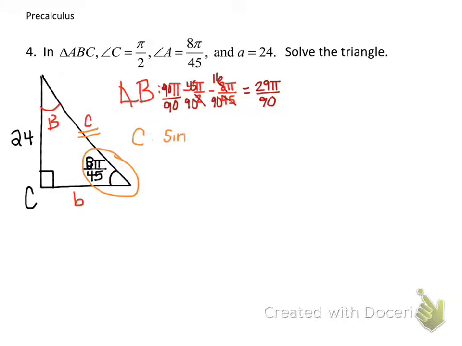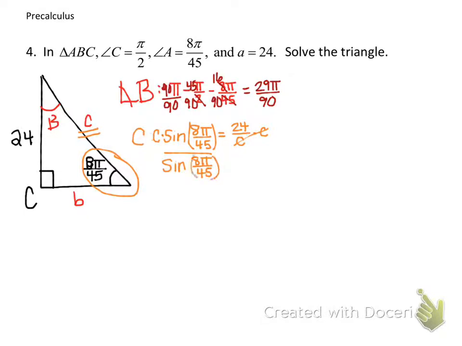So sine of 8 pi over 45 equals 24 over C. To solve, we multiply both sides by C to get it out of the denominator, and then divide by sine of 8 pi over 45.